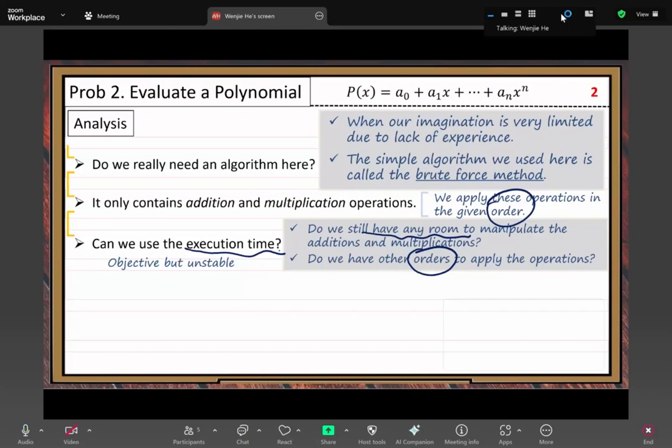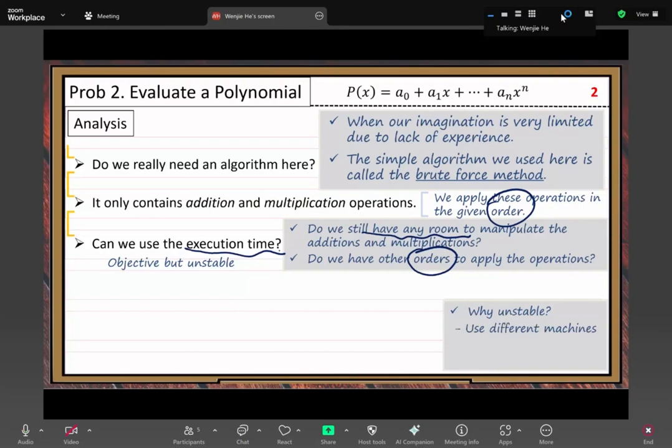Under different situations, you may get different execution times, because you may use different machines. Here we do not specify what computer to use. That's why we cannot say it is stable. Some people can use a supercomputer.